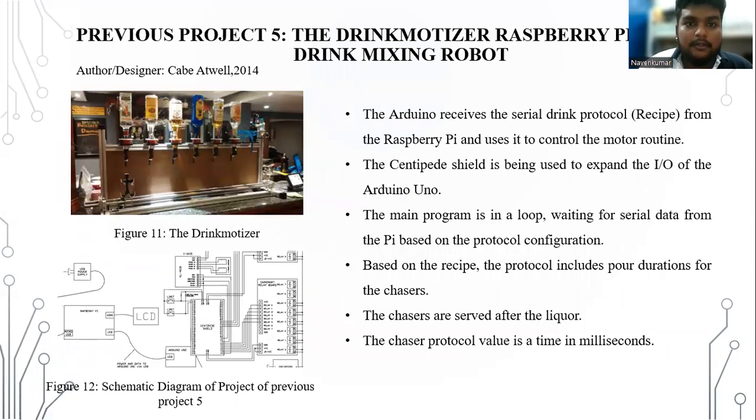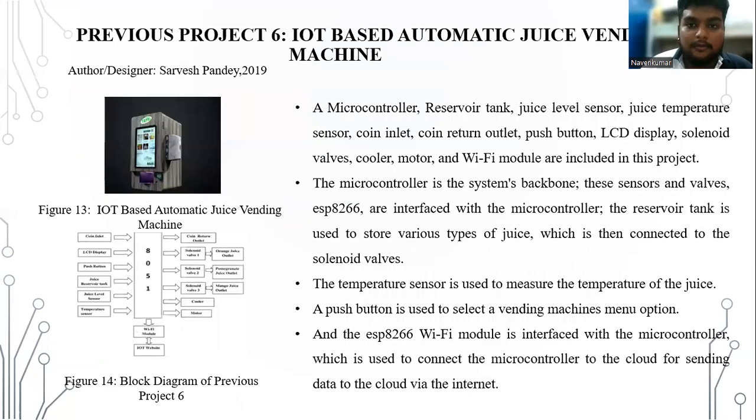Next is the drink maker with Raspberry Pi. This system uses Arduino and a Raspberry Pi. The Raspberry Pi keeps all the recipe programs and the Arduino controls the pumps. And lastly, the last previous project is an IoT based automatic juice vending machine.